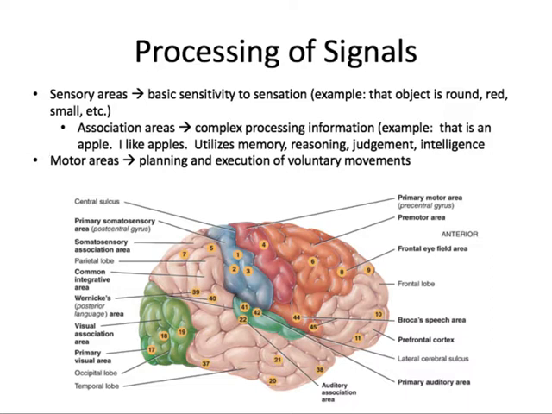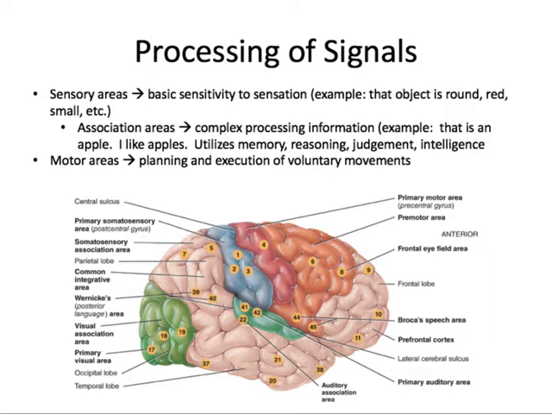Likewise, if you're using your visual senses, you might see an object in front of you. It's round, it's red, it's small. Those are things that are going to be picked up by the primary sense, the primary area for the visual senses. What that object is, how that relates to you, requires the use of an association area.